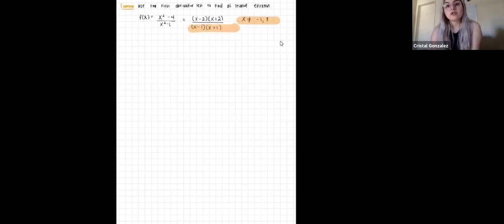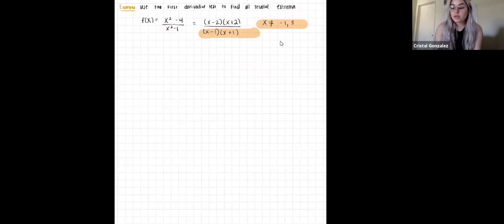Those are actually going to be our critical numbers, and we still have to test those as well. I just want you to keep that in mind, because at the beginning of 4.3, I did a very simple example with a polynomial, and with a polynomial we don't have to worry about anything because the domain is all real numbers.